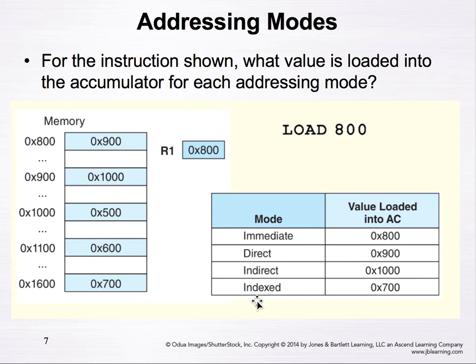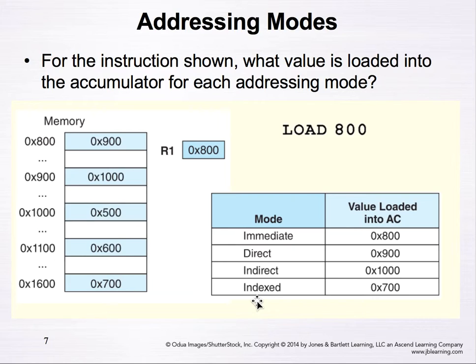All right. So we can see that there are different ways to load the data. The immediate addressing is fast because the value to be loaded is included in the instruction. However, because the value to be loaded is fixed at compile time, it is not very flexible.